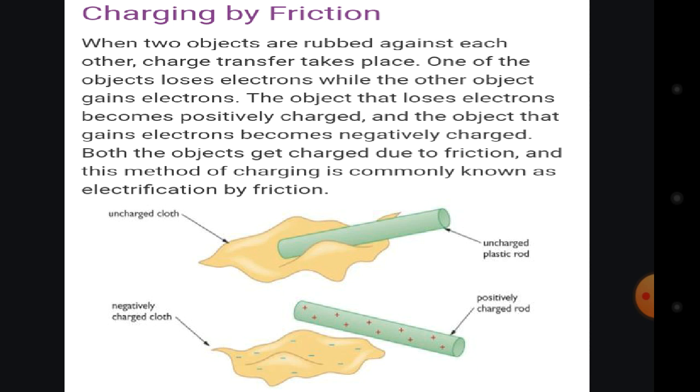Whenever we lose the electrons, that object is positively charged, and the object that gains electrons becomes a negatively charged object.